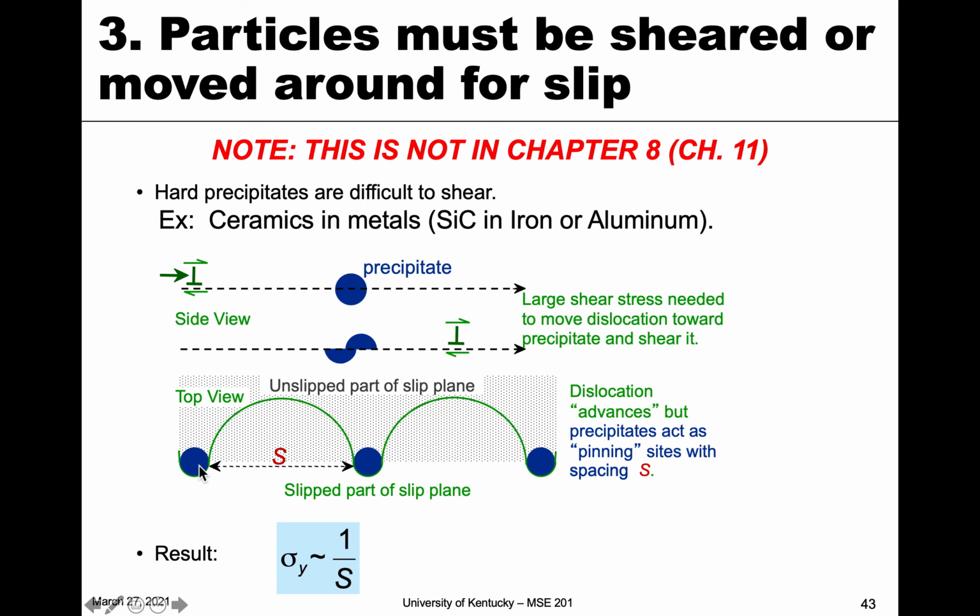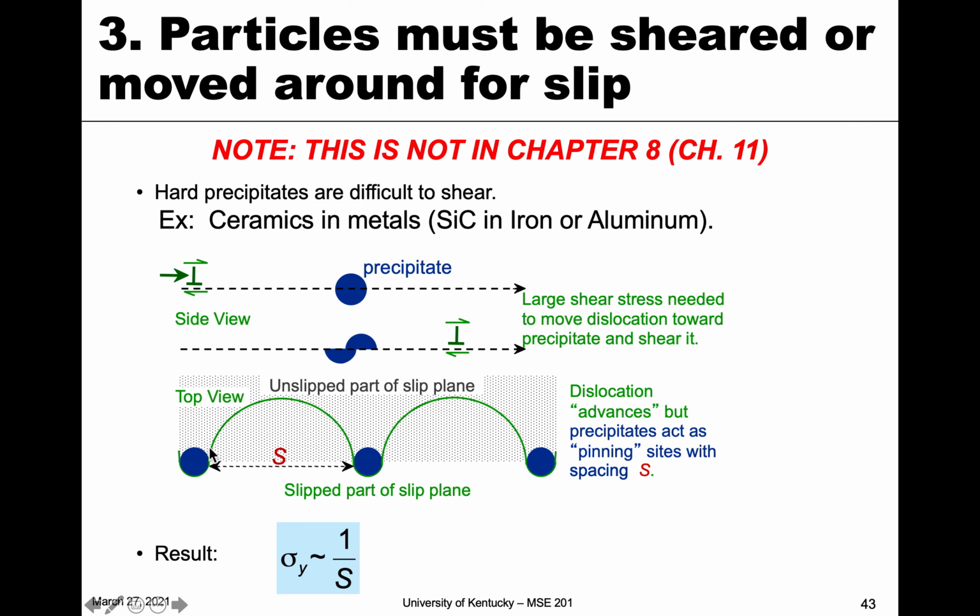But once it reaches the precipitates, if it can't shear them, it bends around these precipitates, and you see it bow, because it's being blocked here. This dislocation wants to advance, but it's getting what we call pinned to these sites.